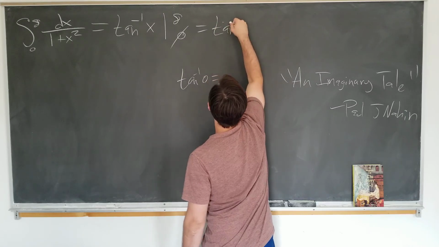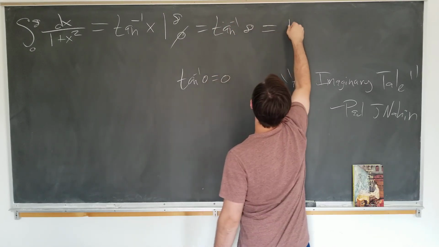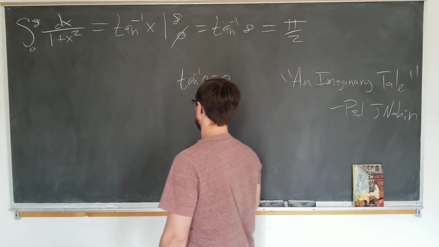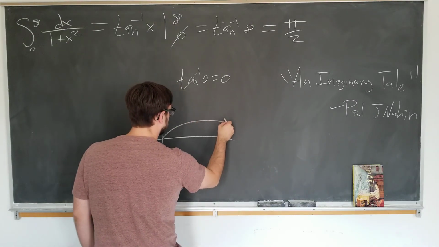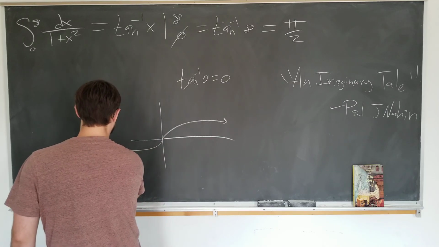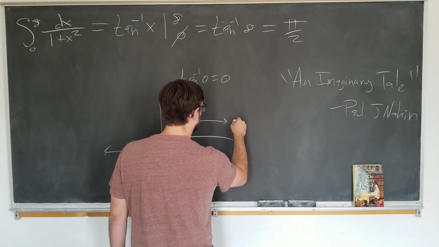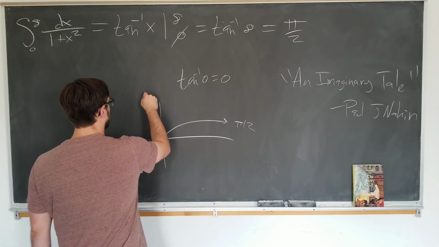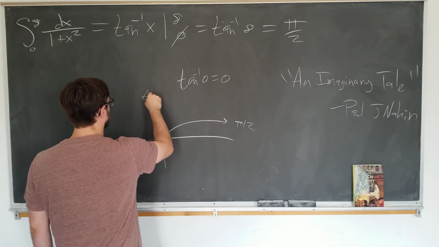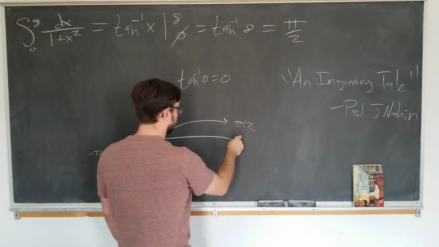Then comes inverse tangent of infinity, which we know has a limit of pi over 2, from looking at the graph of the arctangent, asymptotes here at pi over 2 and minus pi over 2. This is the inverse tangent of x.